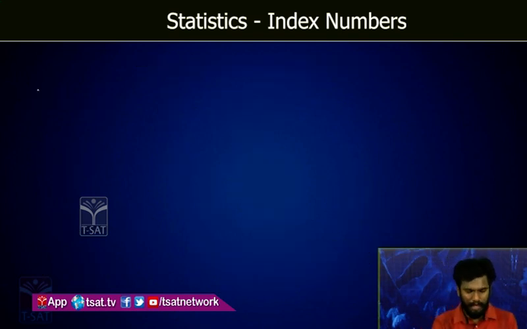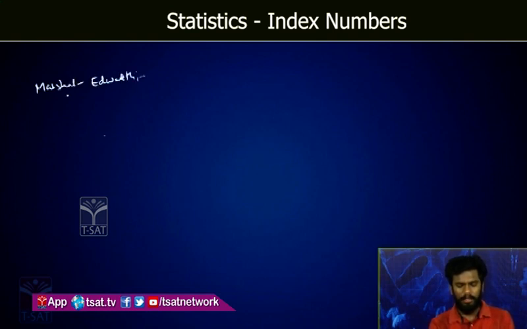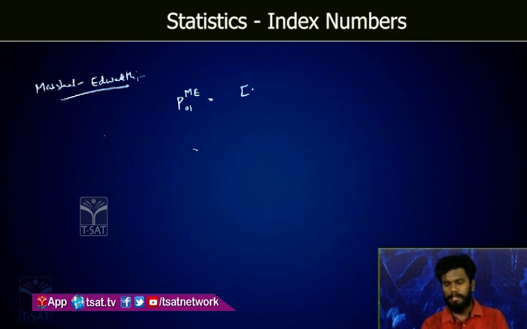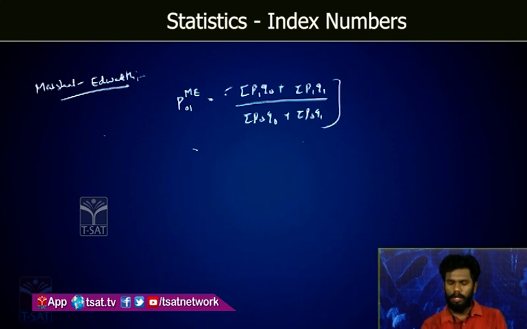And next index number we have is Marshall-Edgeworth, and it is denoted by P01ME, and it is given by summation P1 Q0 plus summation P1 Q1 divided by summation P0 Q0 plus summation P0 Q1, into 100.